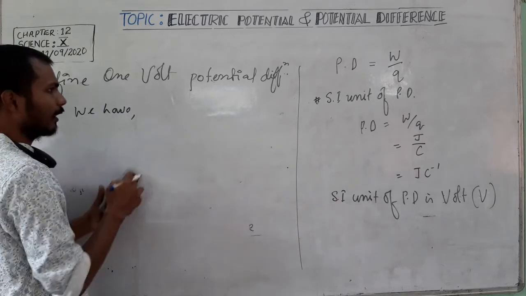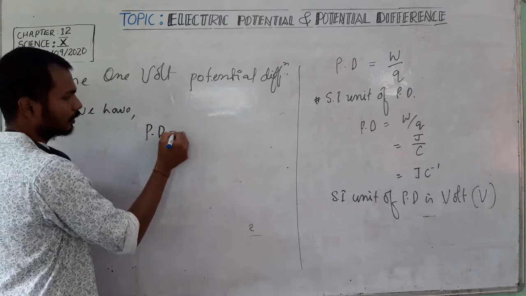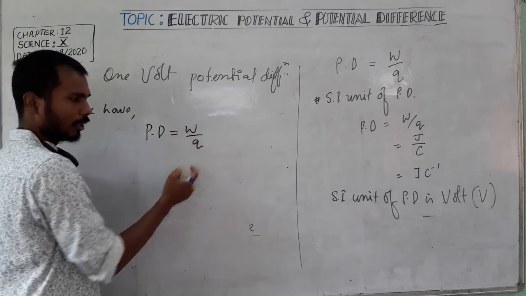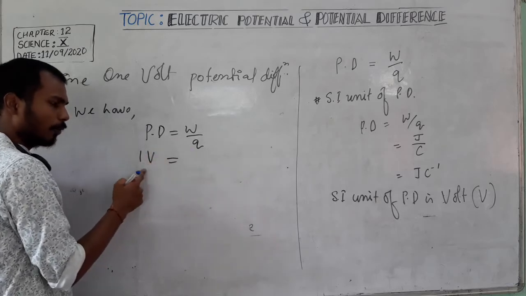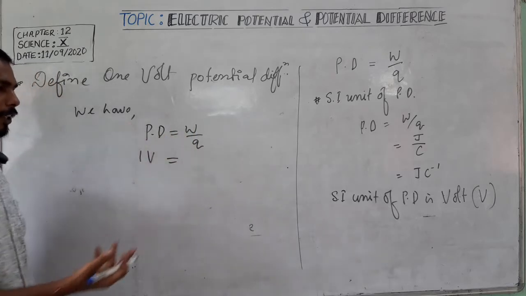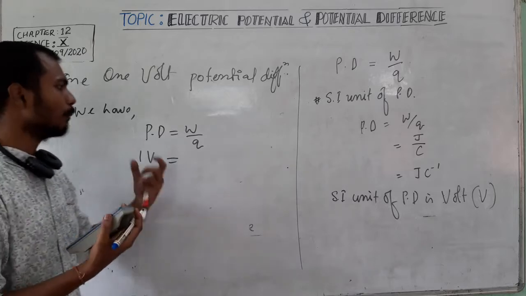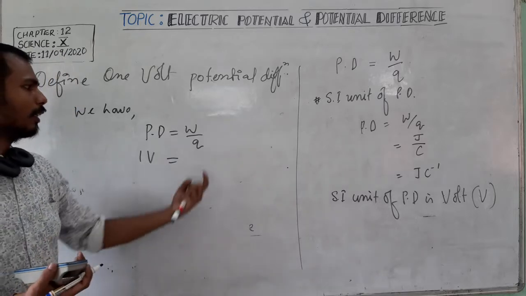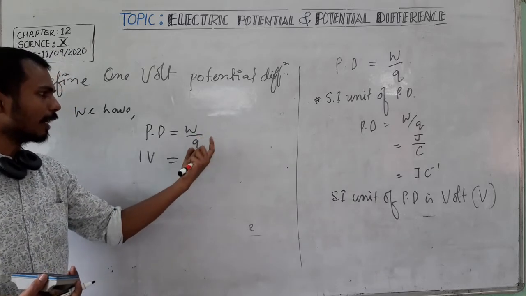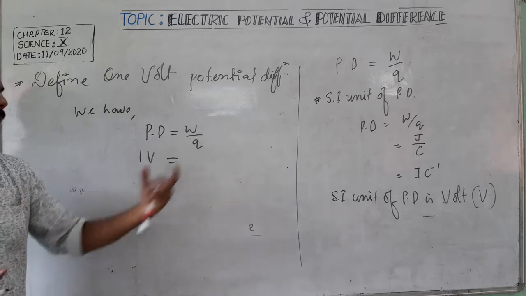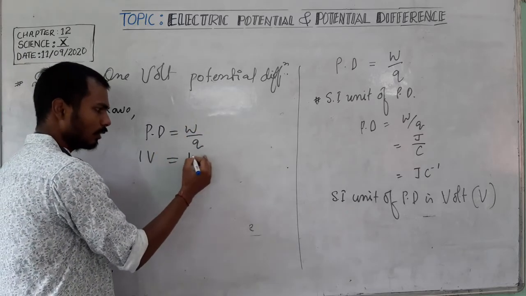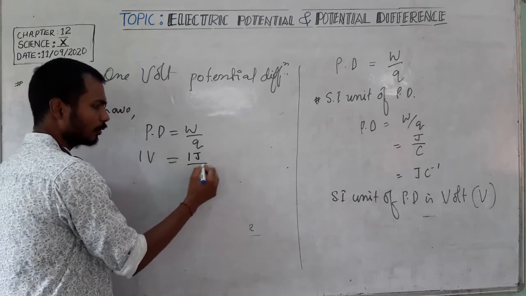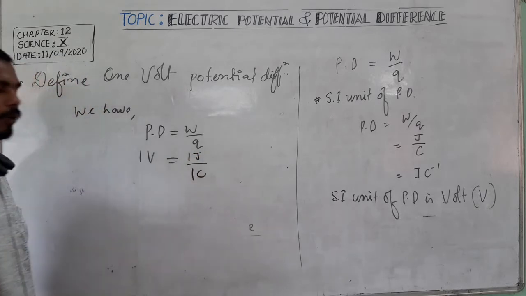Or simply we can write potential difference is equal to work done by charge. Now if potential difference is 1 volt, then in a fraction the value of the fraction should come 1, so numerator and denominator should be same. Work done should be 1 joule and charge should be 1 coulomb. So we will get 1 volt potential.